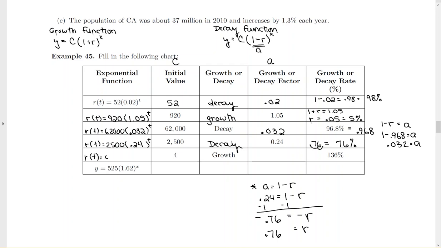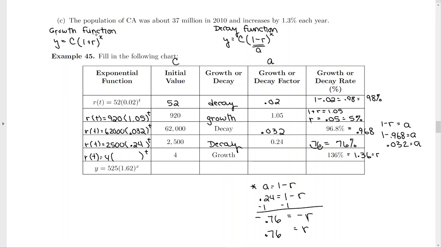So R of t equals 4. Now we just need to plug in. Now I'm not given the factor, so I can't just plug in 136. All right, but I do know it's a growth, so I'm going to change the percent to a decimal. That's the rate, right?